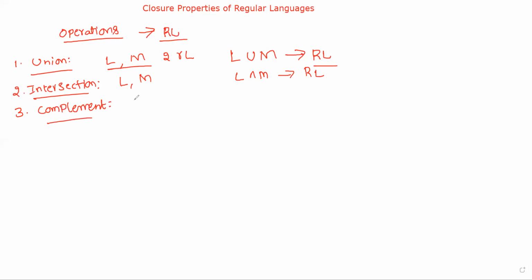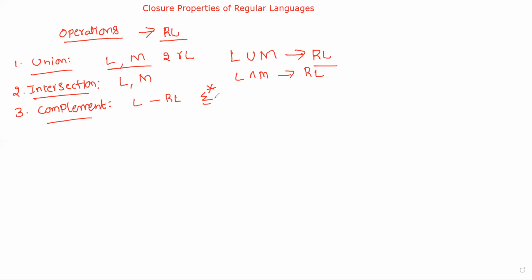Complement means: assume L is a regular language and all the strings are present in sigma star. Sigma is the input alphabet, and sigma star contains all the strings. L is a language that is a subset of or equal to sigma star.